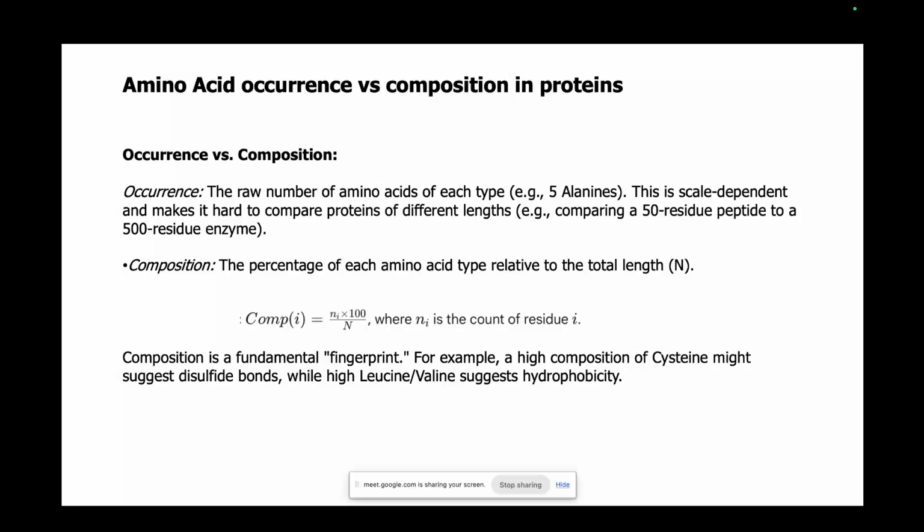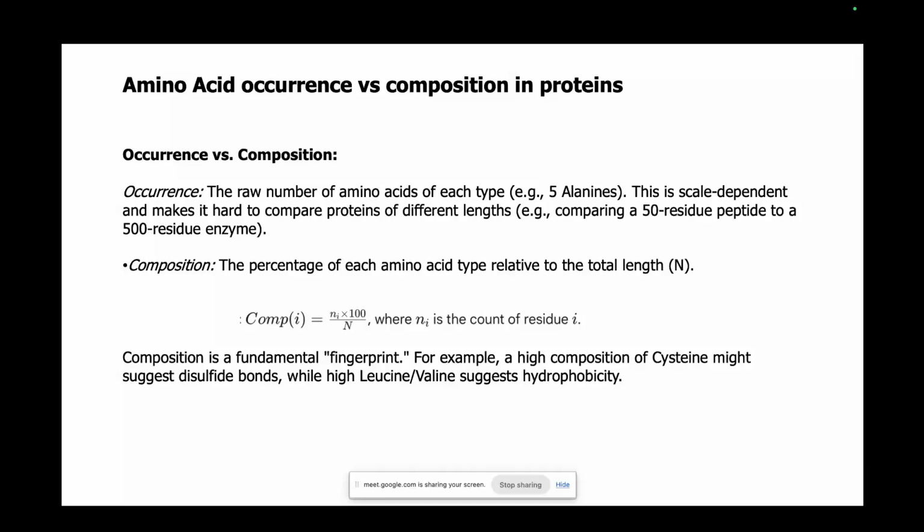And composition is a little less biased. For example, if you have a very long protein with a very large number of amino acids, it's likely that you're going to find a particular amino acid occurring more times in that protein compared to other smaller proteins. So to normalize the length bias, we divide by the total number of residues inside the protein, and we calculate a percentage.